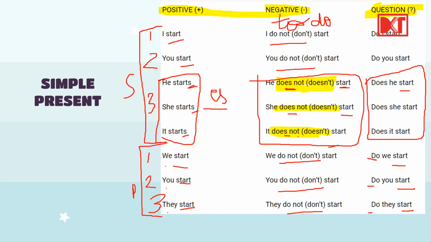Do I start? Do you start? Does he start? Does she start? Does it start? Then for plural, do we start? Do you start? Do they start? Alright, now this chart is very important for your simple present. Let's move on.